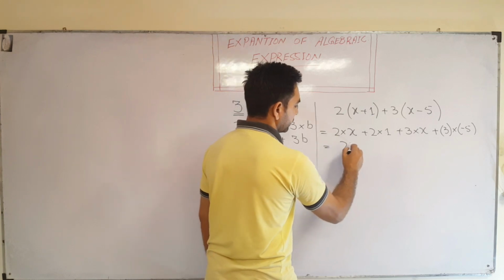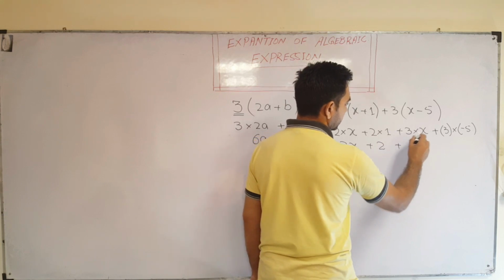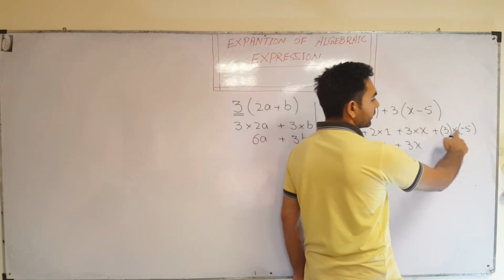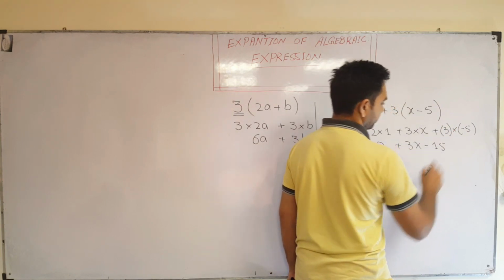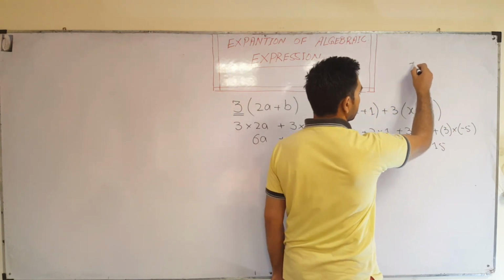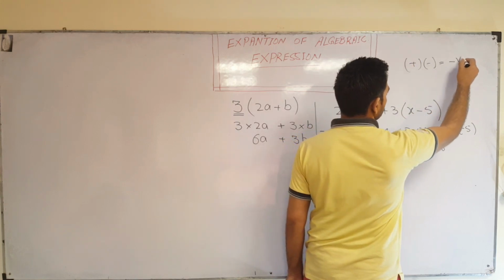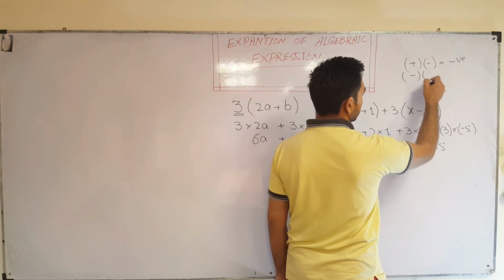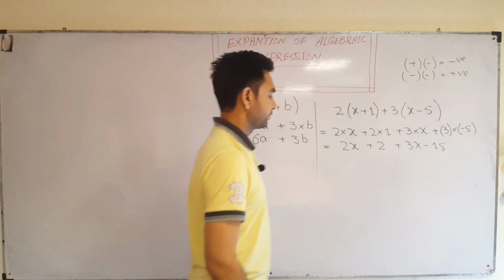So that is 2x, 2 times 1 is 2, 3 times x is 3x, and now plus 3 into minus 5 gives us minus 15. If you multiply a positive into a negative, it gives you a negative. If you multiply a negative into a negative, it gives you a positive.